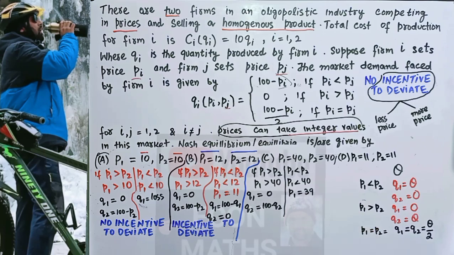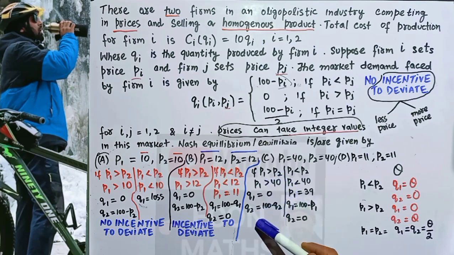Let us say when this happens, firm 1 will catch up all the market because whosoever charges less price gets all the market. So firm 1 will get all the market, and firm 2 will get 0 market share. Here you can see firm 1 cannot charge a price greater than firm 2.